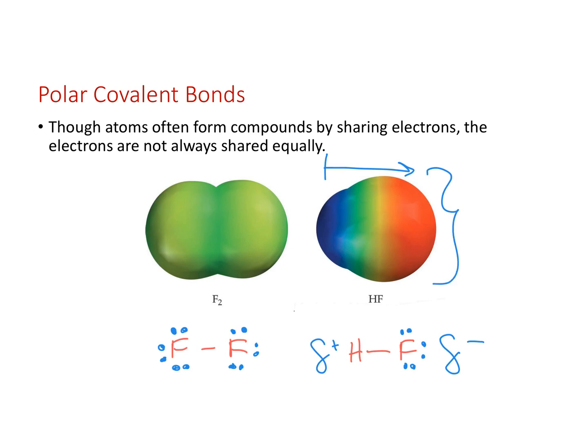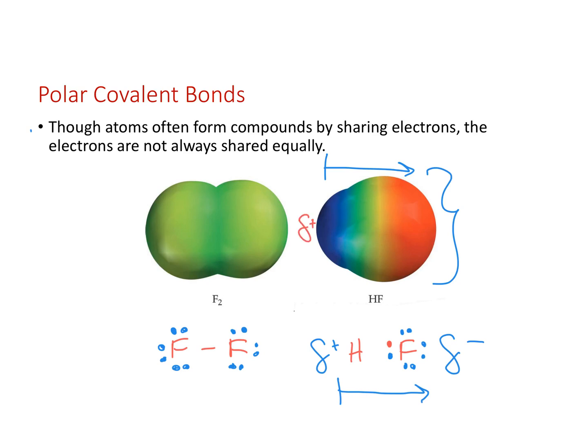I'm going to have a larger electron density on that side because fluorine is more electronegative. It's going to be able to pull the 2 electrons in this covalent bond. Instead of being equally shared between the hydrogen and the fluorine, those 2 electrons are going to be closer to the fluorine because fluorine is more electronegative. And that's what we see in this density.